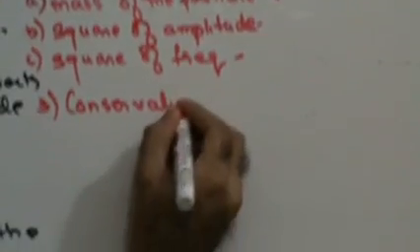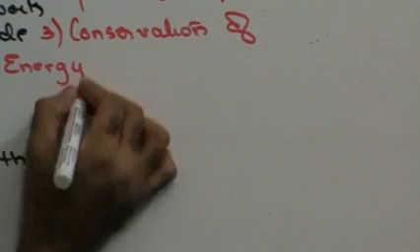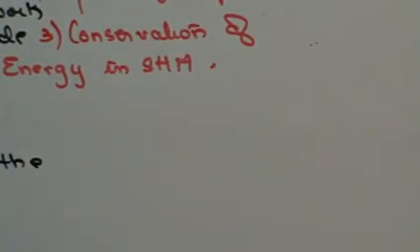Conservation of energy in SHM. If a body is in SHM, does it follow the law of conservation of energy? Now, by considering variation of kinetic energy and potential energy of a particle in SHM, we can derive this.